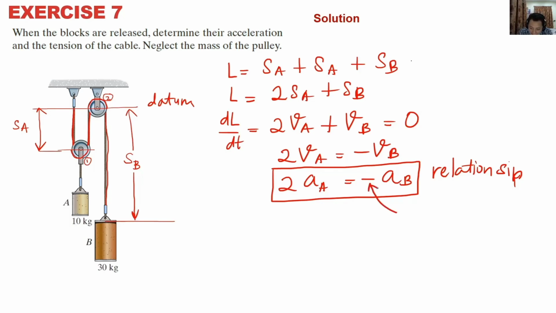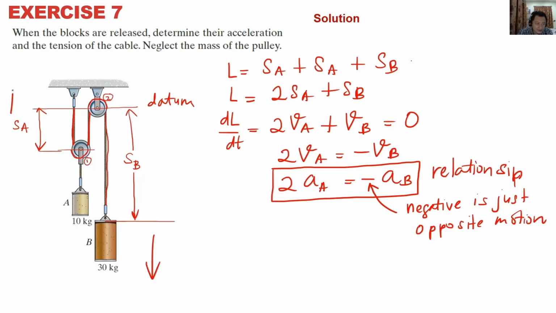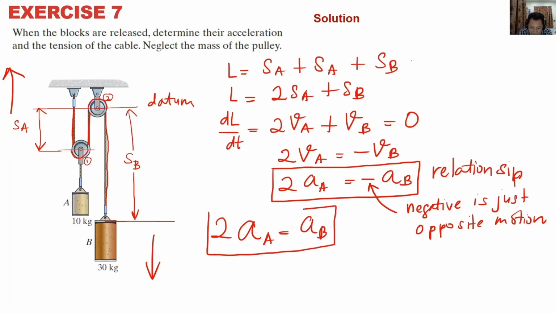So negative is nothing, it's just opposite motion. Which means one is going down, the other one is going up. That is just what it means. So you might as well get the ratio as 2AA is equal to AB. This is the ratio.